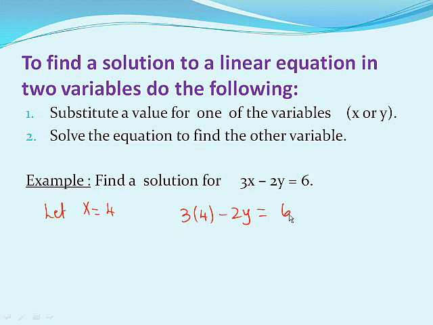Solving for y, we will get -2y equals 6 minus 12, which is -6. So y value equals -6 over -2, which will come out to be 3. The solution point will be 4, 3.